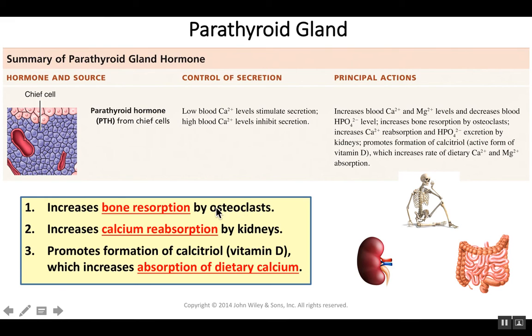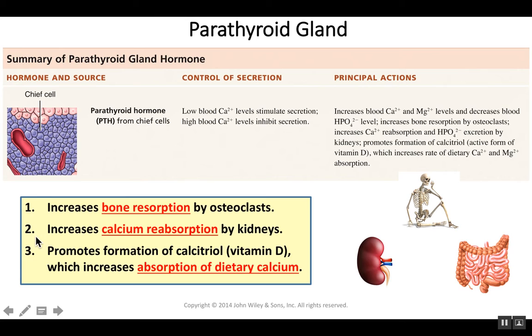So now we will stimulate these osteoclasts to break down bone matrix, releasing calcium into the bloodstream. The second function is to tell the kidneys to retain or reabsorb calcium, so keep calcium in the blood as opposed to excreting it in urine.